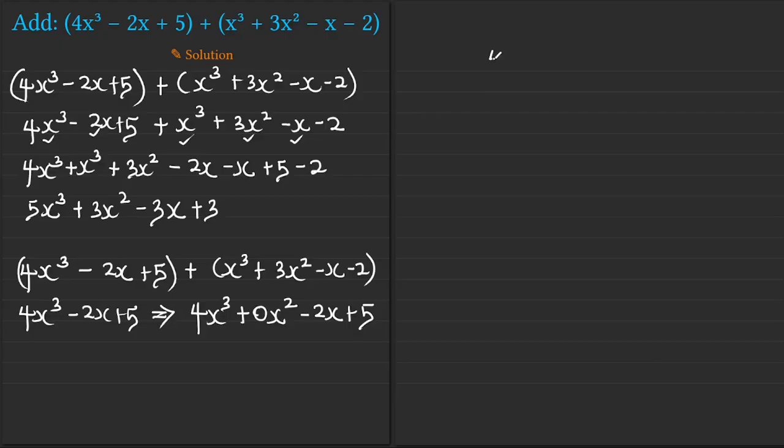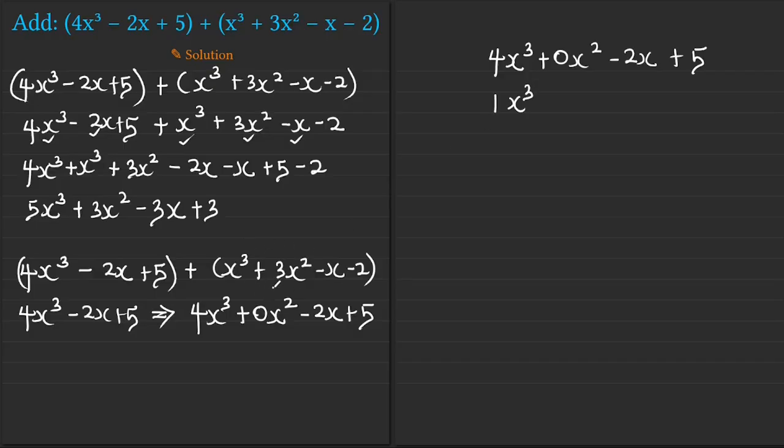So that simply means using the vertical or the column method, this is how our addition is going to be written. We have 4x cubed plus 0x squared minus 2x plus 5. Then you arrange the next one in terms of the variables. So we have 1x cubed.